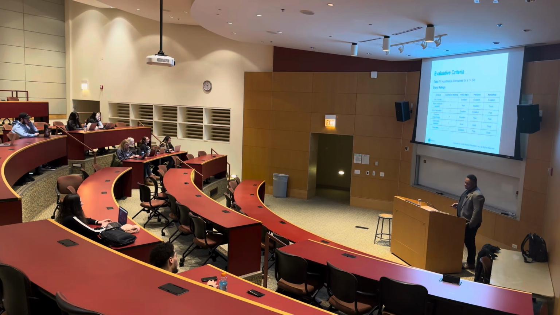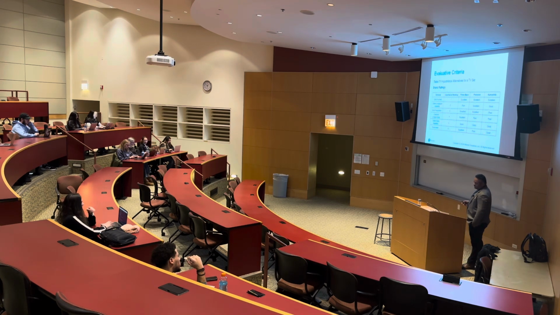Hypothetical alternatives for a TV set. So our evaluative criteria, right? We're looking at rankings of importance here from 1 to 6. Prime Wave, Precision, and Sheeta, rated excellent, good, or poor.